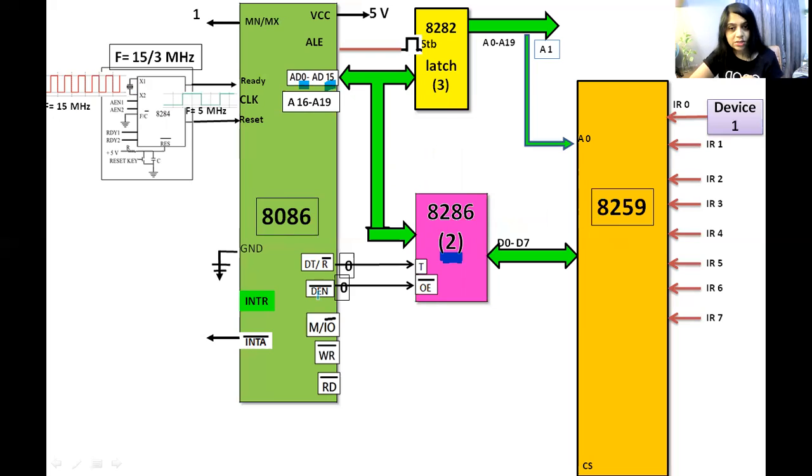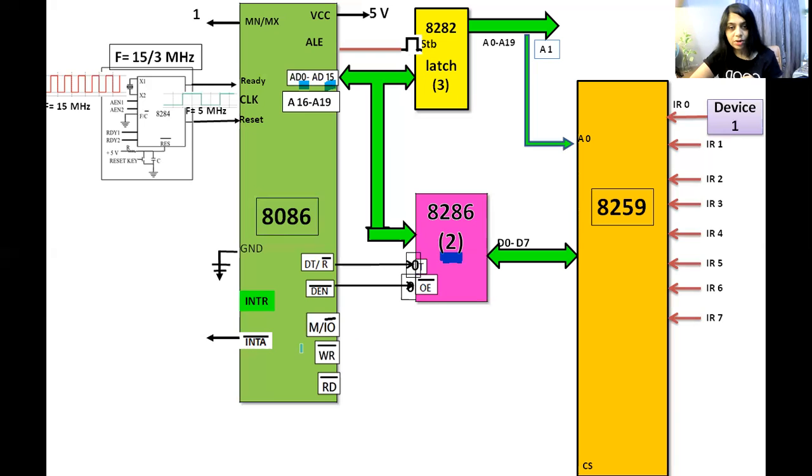When logic 0 flows on this pin, it will activate this 8286. And when 8086 wants to receive or read data from 8259, it will transfer logic 1 on this pin. Suppose 8086 wants to write something, at that time it will transfer logic 1 on this pin.